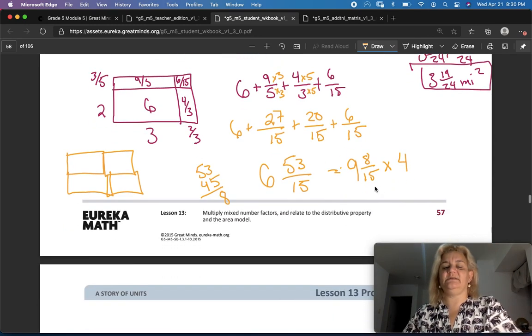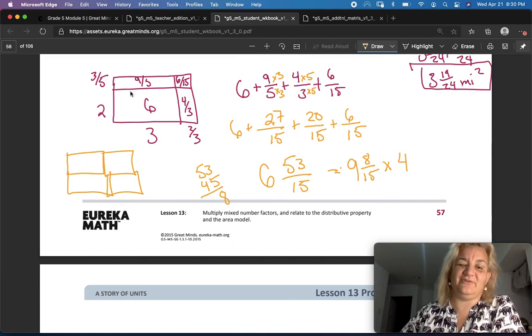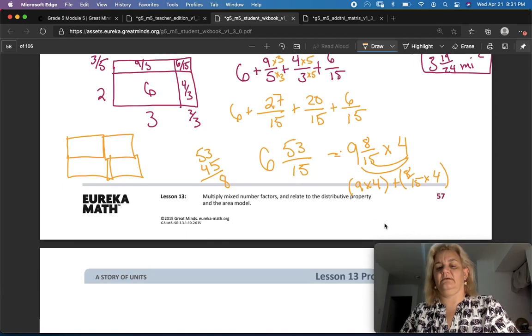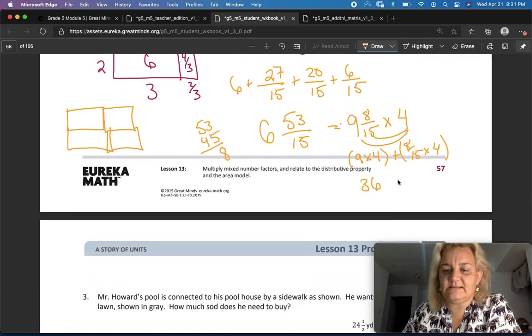And here we're going to use a little bit of distributive property, although secretly we have been this whole time. 9 times 4, okay, plus 8/15 times 4. So this is going to give us 36 plus 32/15, okay, which equals 2 and 2/15.